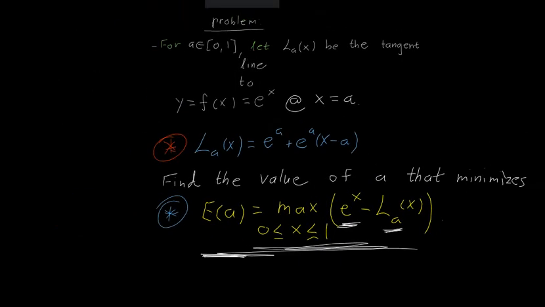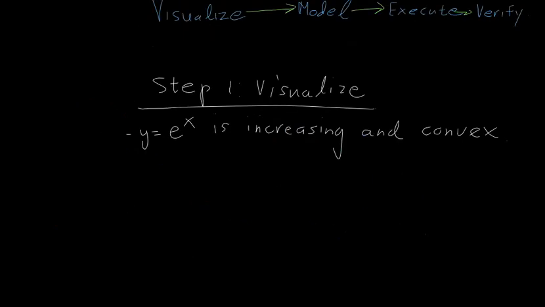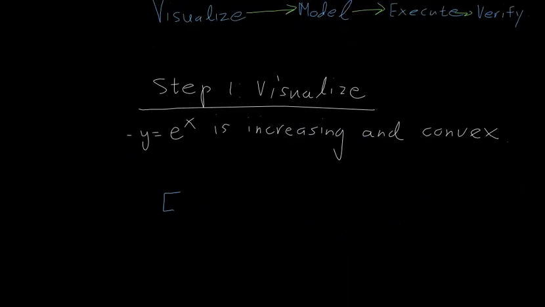So the error function, E of a, is taking the actual curve and subtracting the tangent line from it. That's the error function.